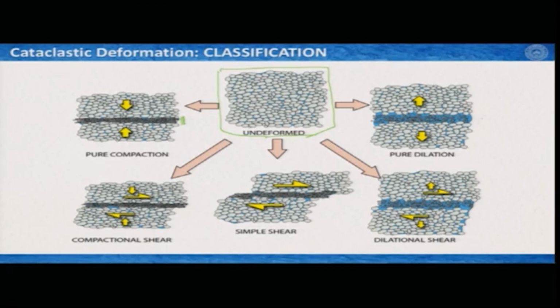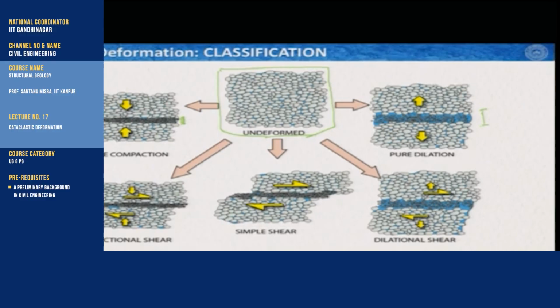On the other hand, you can have pure dilation, where rocks are experiencing uniaxial tension or something like that, and instead of uniform or homogeneous distribution of deformation, somewhere it just opens up, the grains produce fractures and you have an opening.